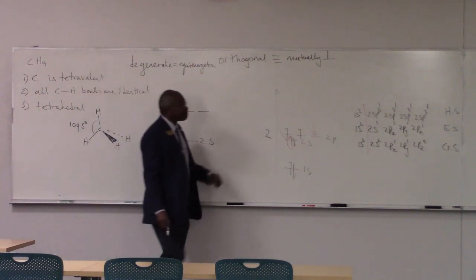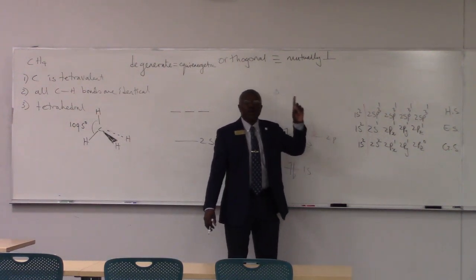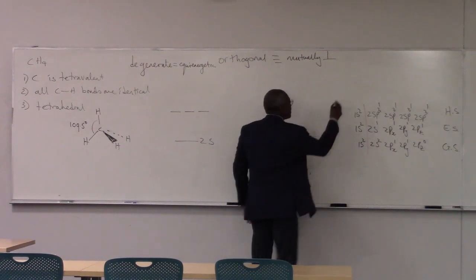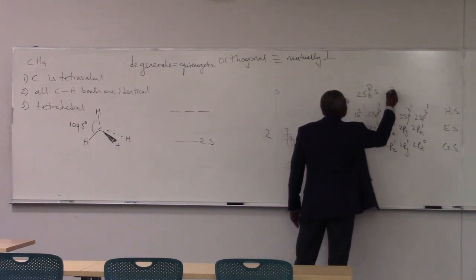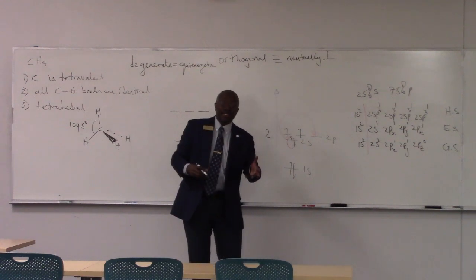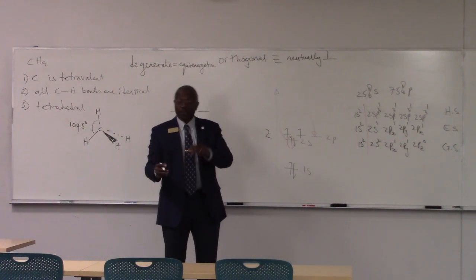Well, let's see. The hybrids have 1 part s and 3 parts p. So really, they are 25% s and 75% p. So they are more p-like than they are s-like, 3 to 1, in fact.